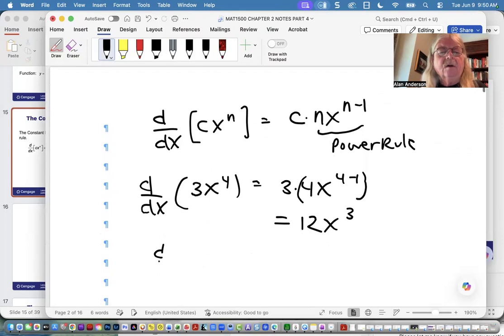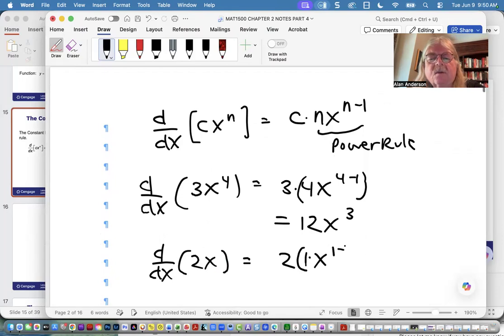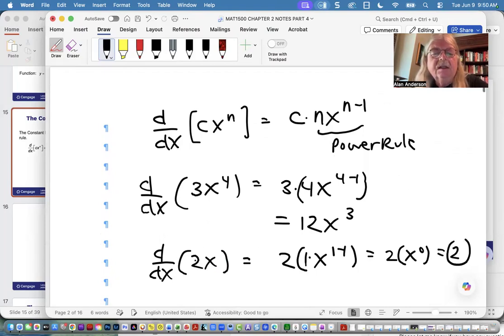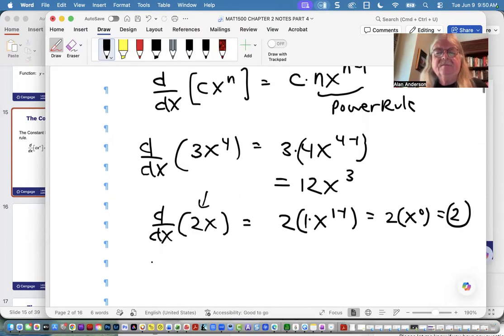Or, now this will just be 2 for the reasons we just explained, because what you really have here is 2x to the 1 minus 1, which is just 2 times x to the 0, which is just 2. So you'll recognize this as soon as you see it. It just becomes 2.